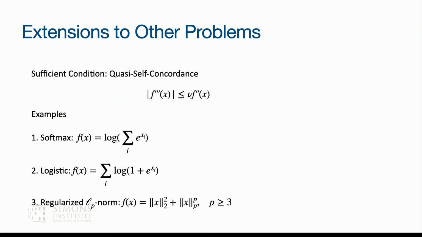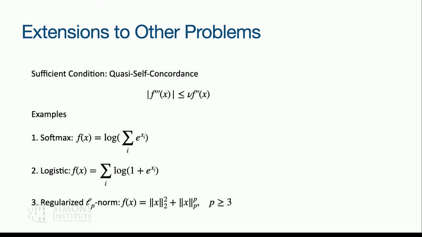And a sufficient condition is quasi self-concordance, which we also saw on Monday in Ryan's talk, which is some kind of higher order smoothness assumption on the functions. So in the simple one-dimensional setting, it just means that the third derivative is bounded by some factor times the second derivative. This is slightly different from self-concordance, where you have a 3/2 power on the second derivative.